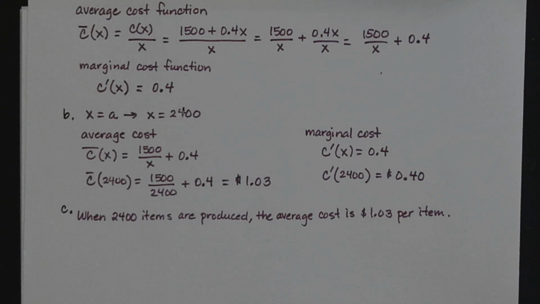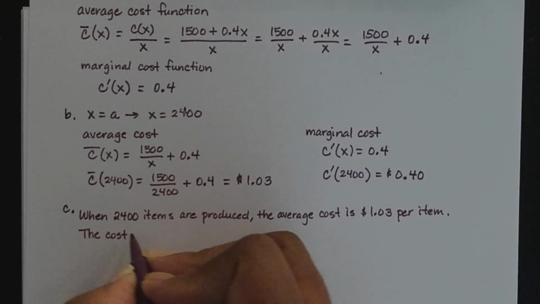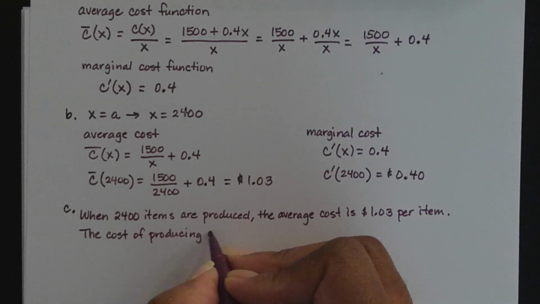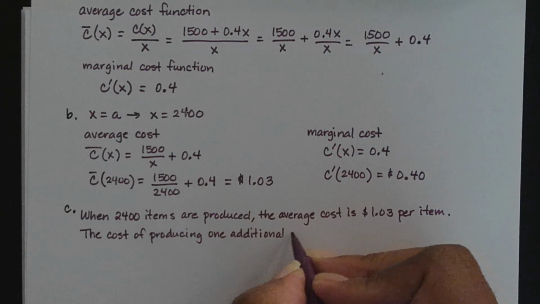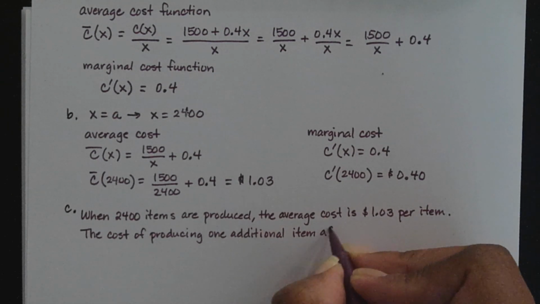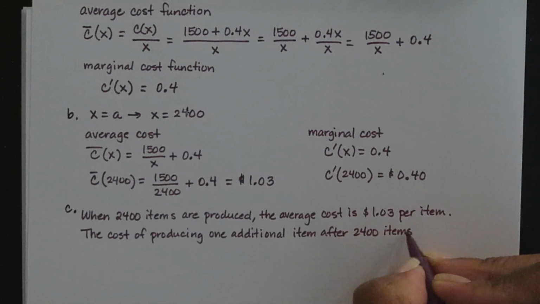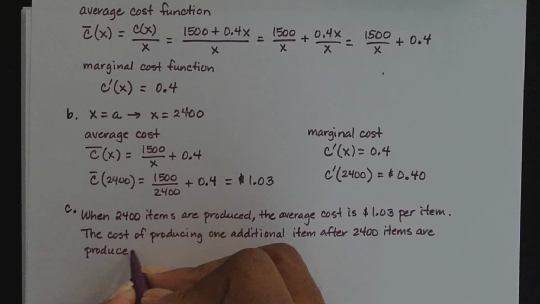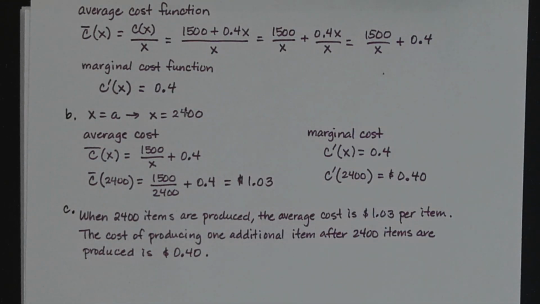And then to interpret the marginal cost, which is 40 cents, we can just say something like this: the cost of producing, let's say, one additional item after 2,400 items are produced is 40 cents.